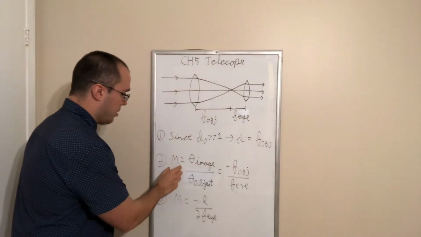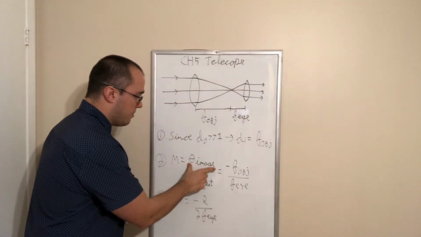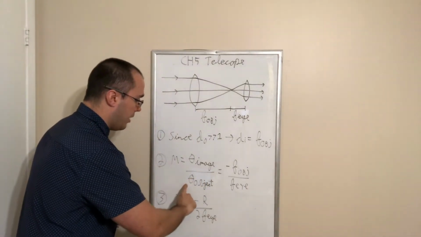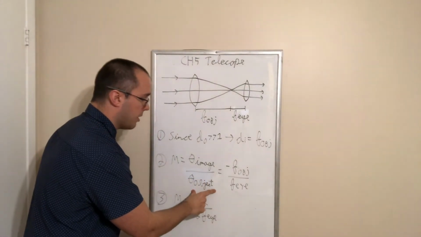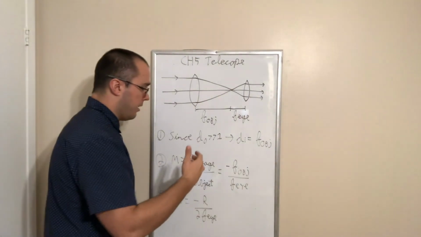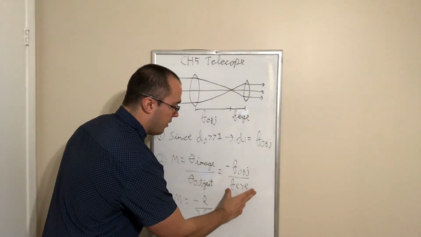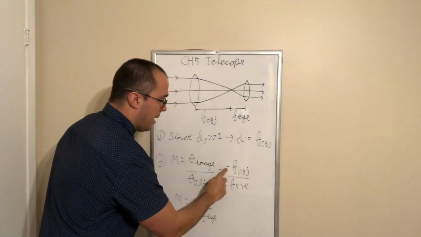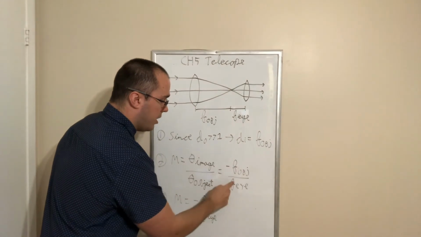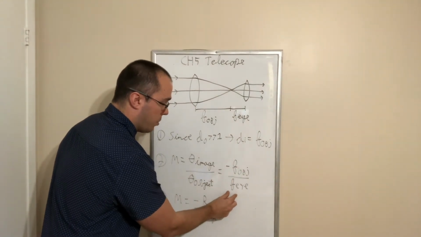Now, the magnification is the angle of the image as seen by our eyes, divided by the angle subtended by the object. And we've seen in the notes that we can derive this formula, which is often simpler to use. It's minus the objective focal point divided by the eyepiece focal point.